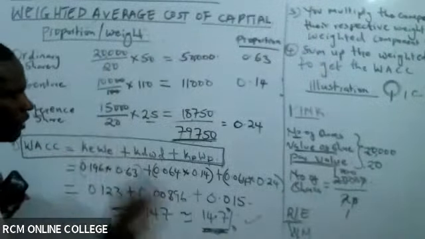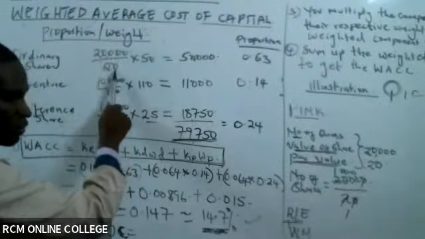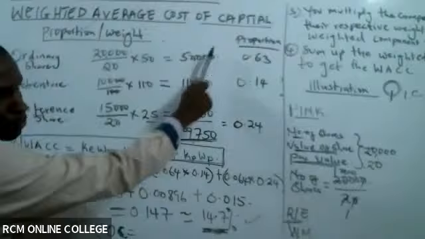Always remember, you need the value of that source of capital using the current price. So you first get number of shares. If I take 20,000 divided by 20, what I'm getting is number of shares. Then number of shares, I multiply with the current market price. That is what I get.